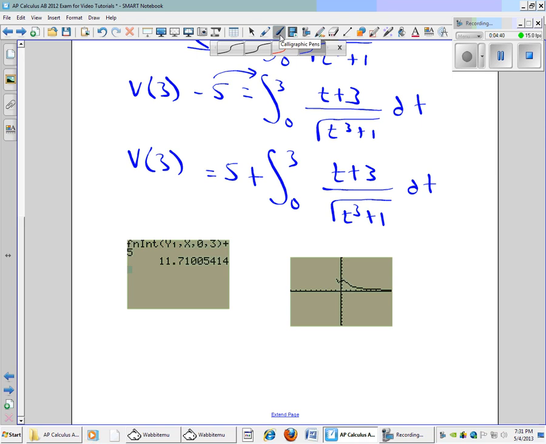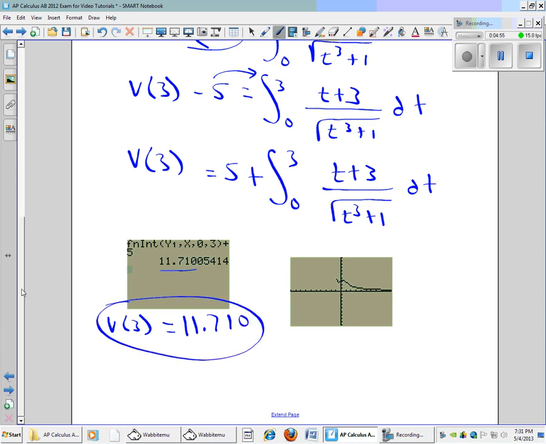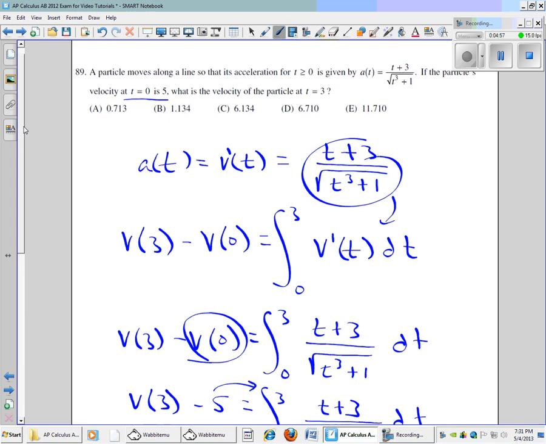And we want to round to 3 decimal places. So this will be v of 3, the velocity at time t equals 3, will equal 11.710 for our answer. And let's see which one that is. 11.710 is letter E. And that's our answer choice.